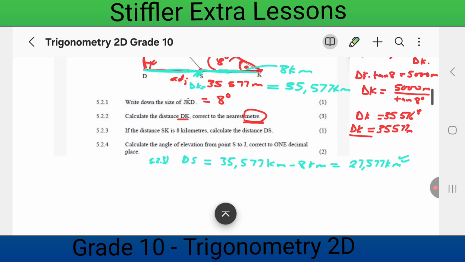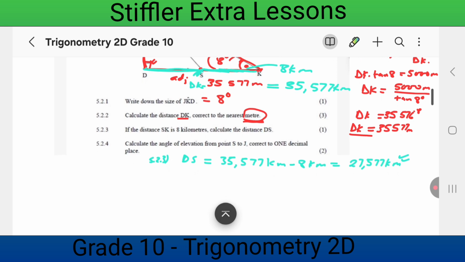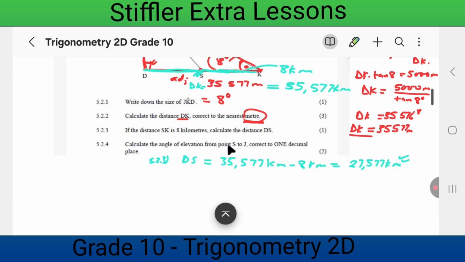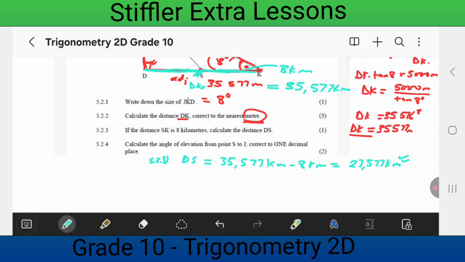So the last question now says, calculate the angle of elevation from point S to J. You remember what the angle of elevation is, right?